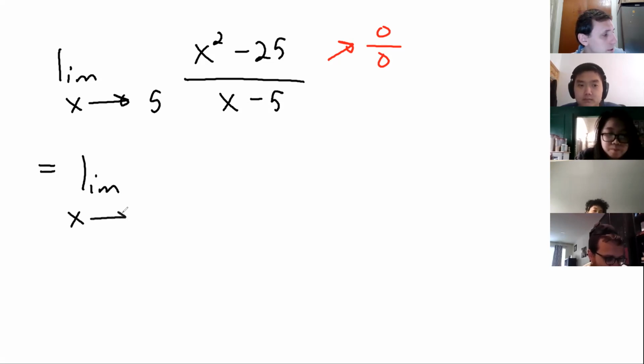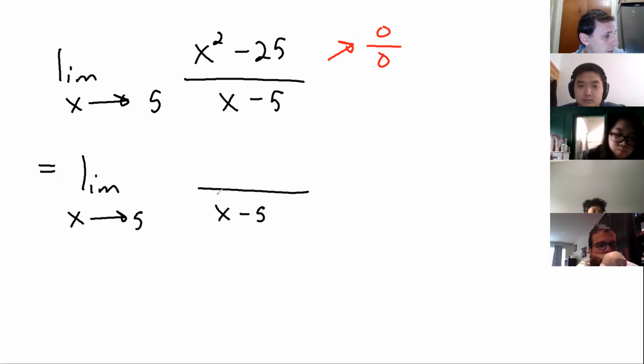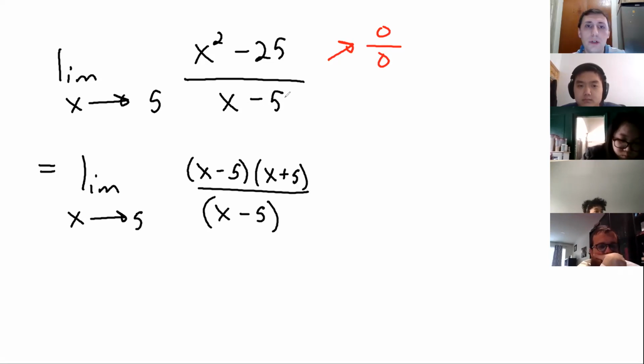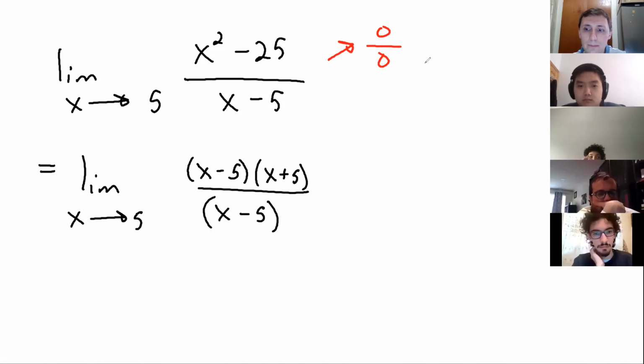So it's the limit as x goes to 5 of (x minus 5), and then I factor the numerator. Tell me, please, what's my next step? You cancel out the x minus 5 in the numerator and the denominator.